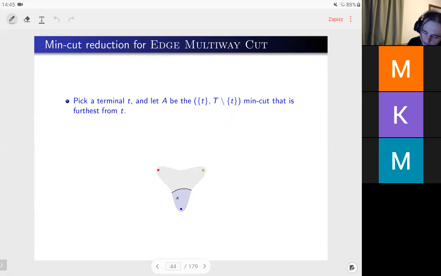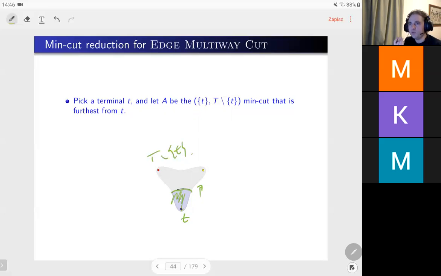If you look at one terminal and you try to separate this terminal from the remaining terminals, so this is T minus t, then there's this space of minimum cuts, and you can take the furthest one, the one with inclusion-wise minimal reachable set from t. In the vertex deletion variant, nobody from here is deleted. You can contract this area onto t.